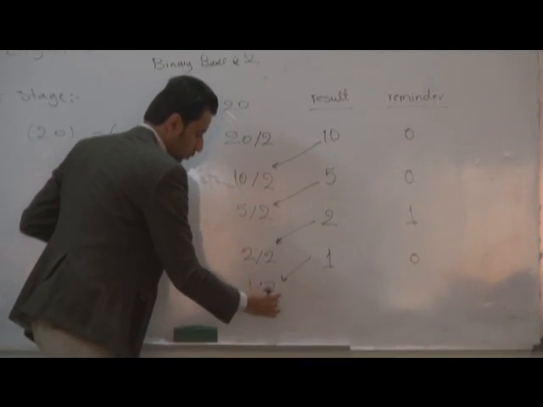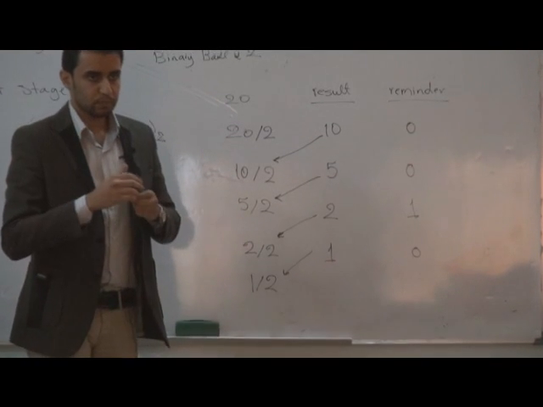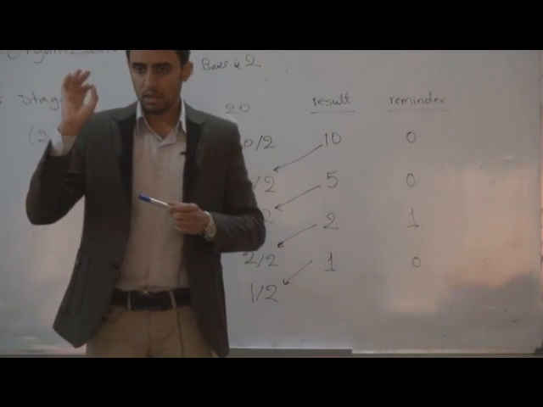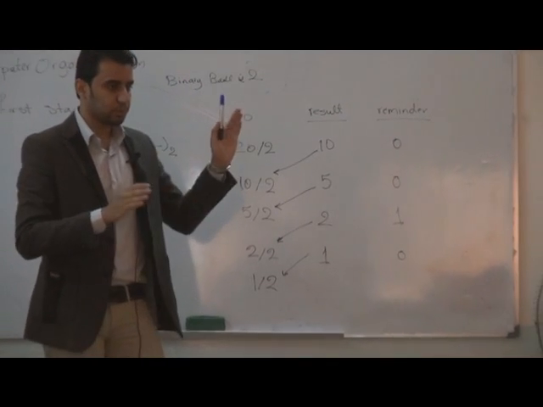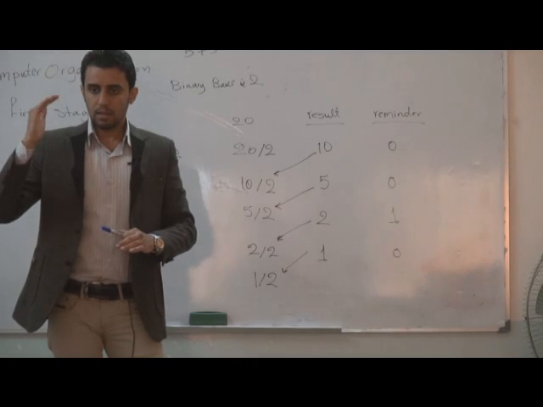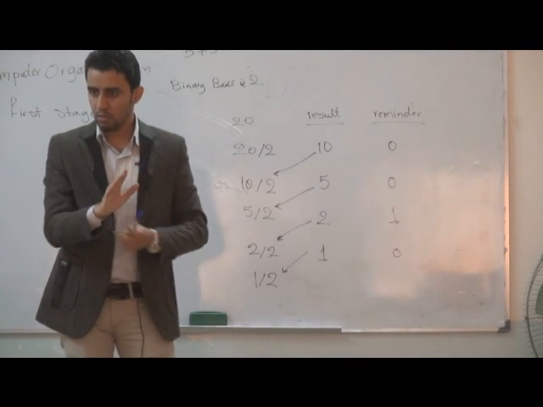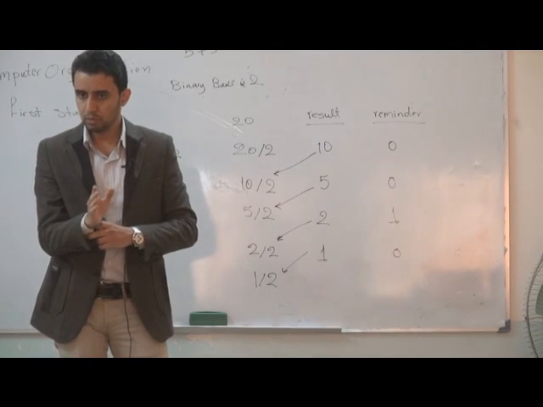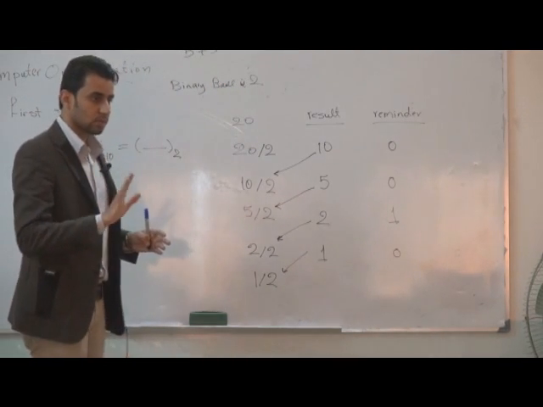1 divided by 2. Now we have a note. Everything that deals with conversion between numerical systems, we don't want numbers with commas. We want real numbers, not float numbers. Integer numbers.